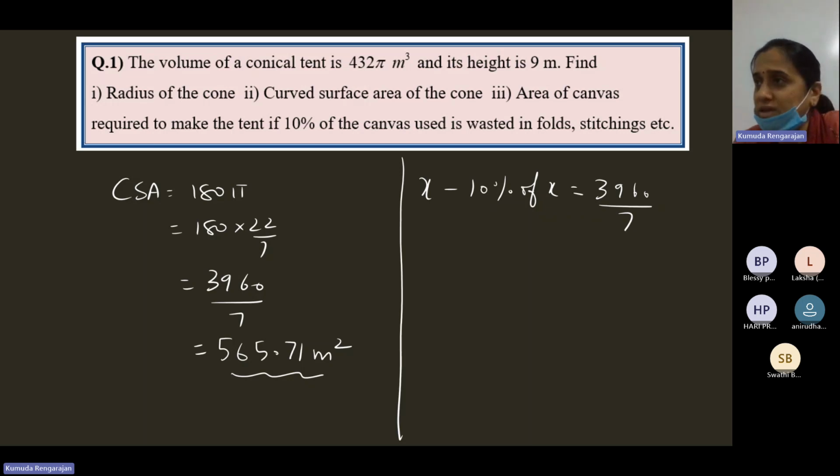But values like this, don't use that one. Use its fraction form, which is 3960 by 7. Then only you'll get the exact answer. Am I clear? Always, you can use a fraction.